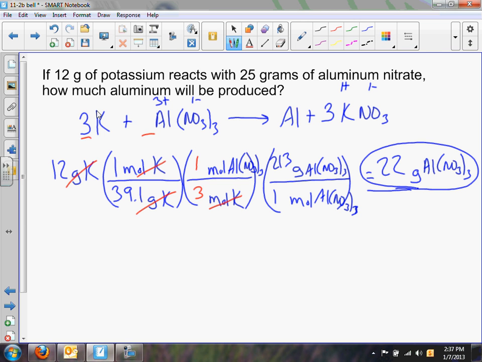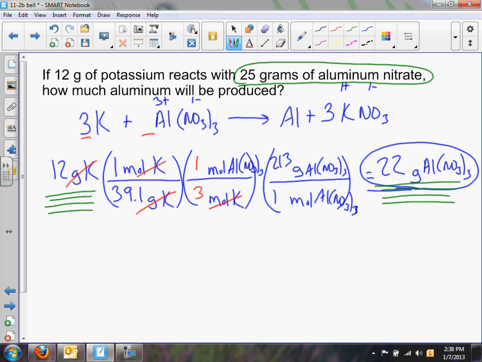So the question is, what is my limiting reagent? Will I run out of potassium or aluminum nitrate? Well, I have 12 grams of potassium. How much aluminum nitrate do I need to react with all of that? The answer would be 22 grams. So then I just need to identify how much I actually have. Well, the problem says I have 25 grams of aluminum nitrate.